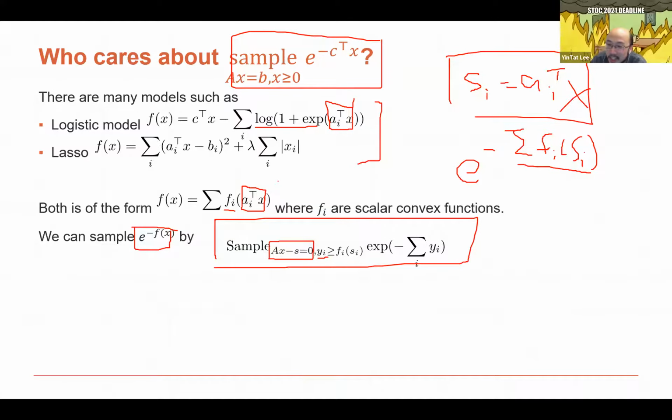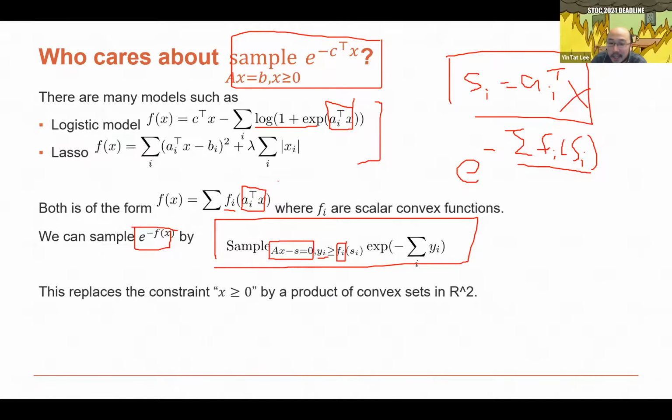So this is not exactly an inequality constraint. Notice you have some f here. If there is no f here, then this is exactly the linear program. But essentially, you can think we're restricting the inequality constraint by a two-dimensional convex set. The convex set is (S, y), where y is larger than f.